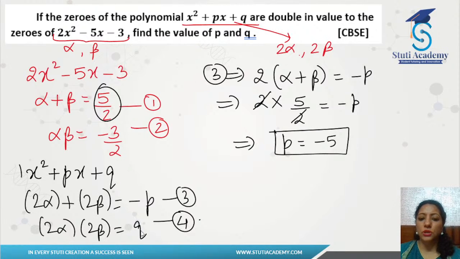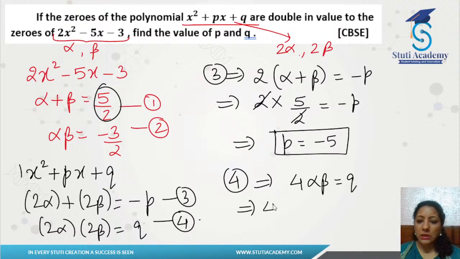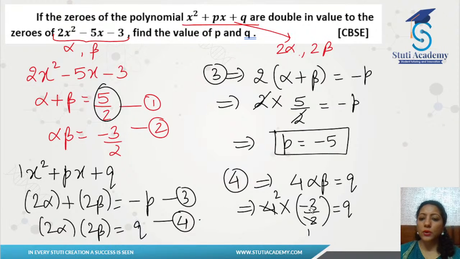I'll now solve for q. So I'll take this fourth equation as 2 alpha into 2 beta. I'm writing this as 4 alpha beta is equal to q. Now alpha beta I know is minus 3 by 2. So I'll replace this by minus 3 by 2. And then we can cancel out 4 and 2. Then we have 2 into minus 3.